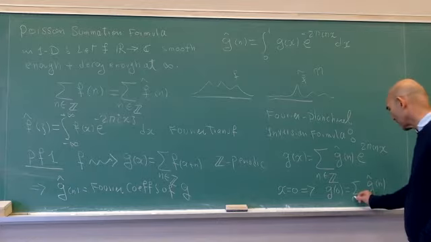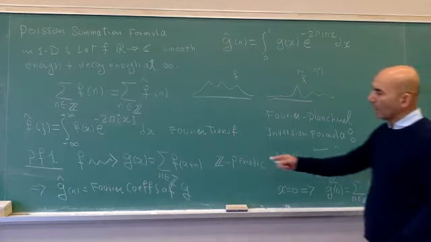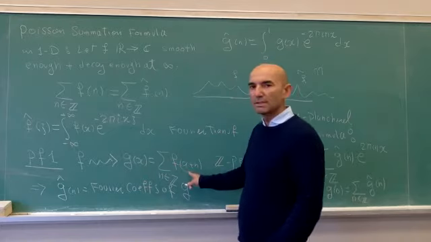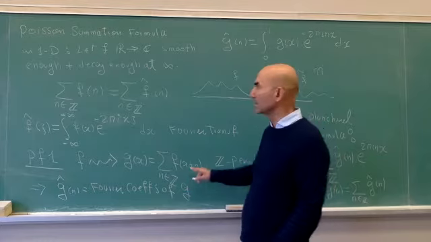n belonging to Z. So if you go back to your original definition, g of 0 is the sum of values of f on the lattice points, right?